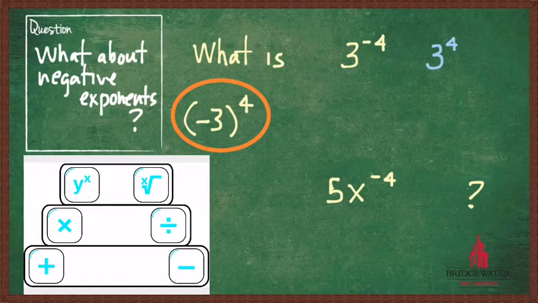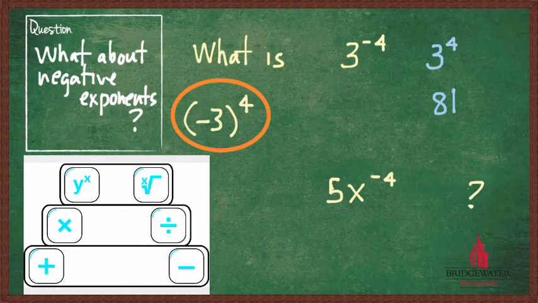What is 3 to the positive 4? How would you find it? You would just have to multiply 3 by itself 4 times, right? 3 times 3 is 9, times 3 is 27, times 3 is 81. So 3 to the 4th power is 81.